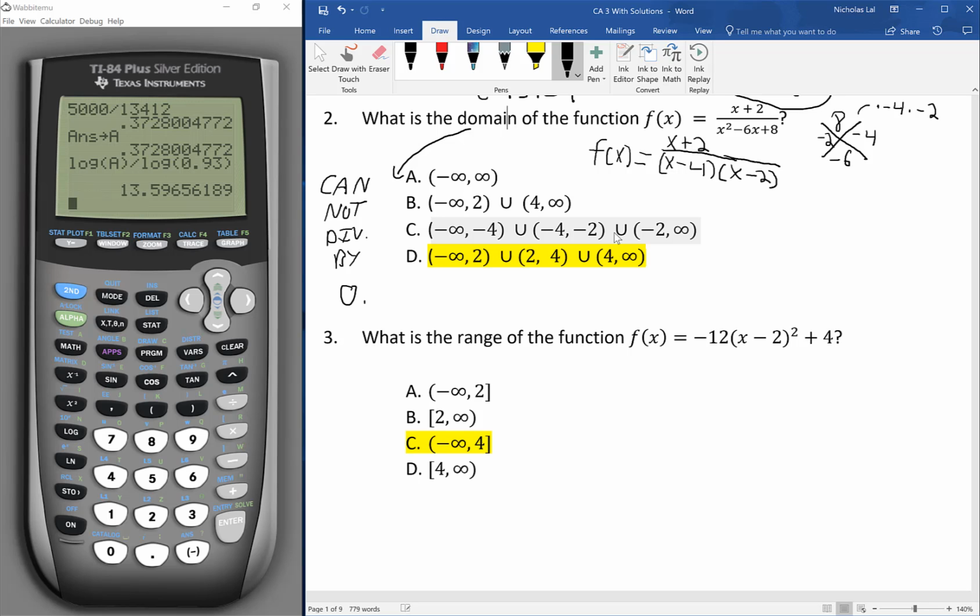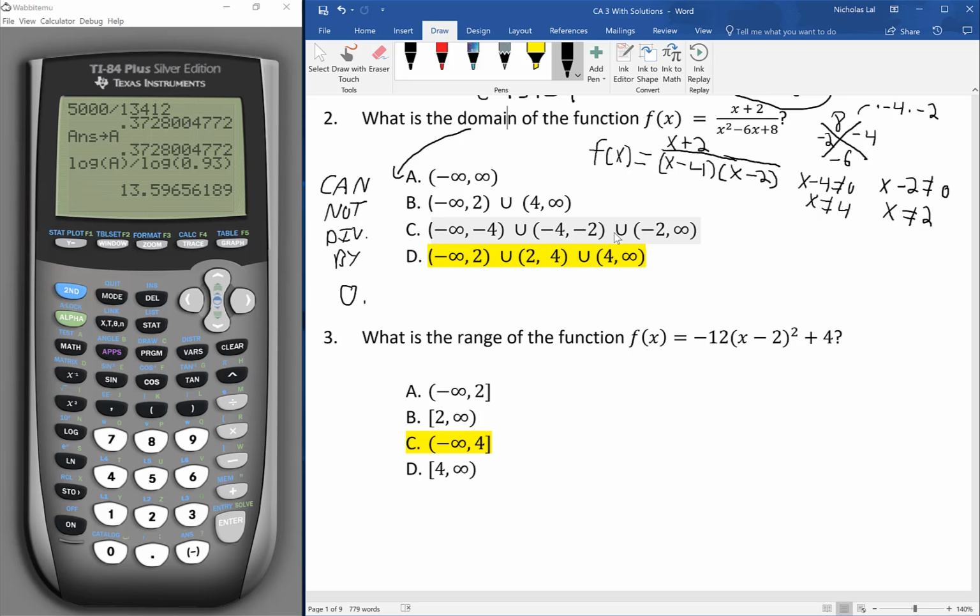So because you cannot divide by 0, you make sure that none of these denominator terms would be equal to 0. So if x minus 4 cannot equal 0, and x minus 2 cannot equal 0, that means x cannot equal 4, and x cannot equal 2.